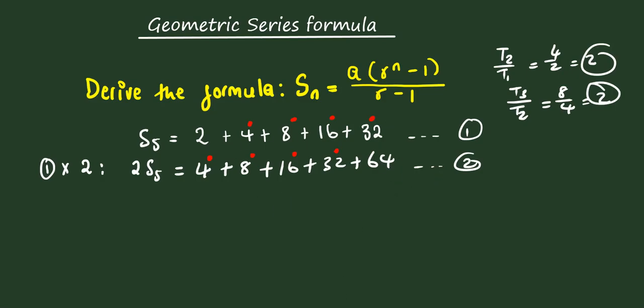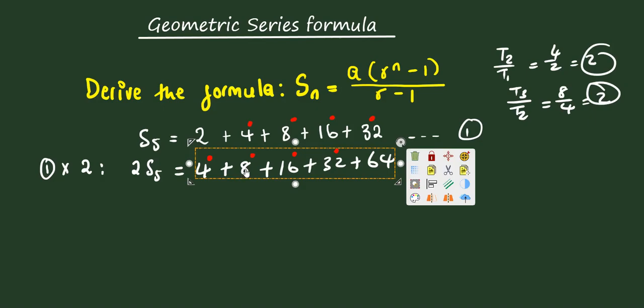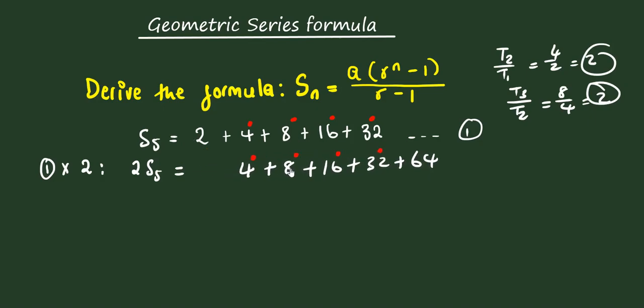Now what we're going to do is shift these numbers, all of them, so that we align them. When we shift them, we will have something like this. You see that? But it doesn't change anything. We just shifted them.